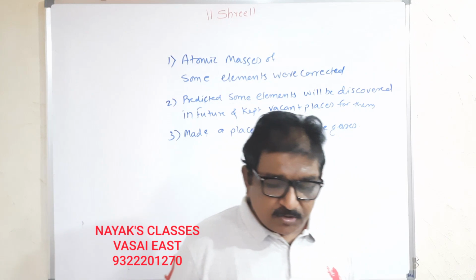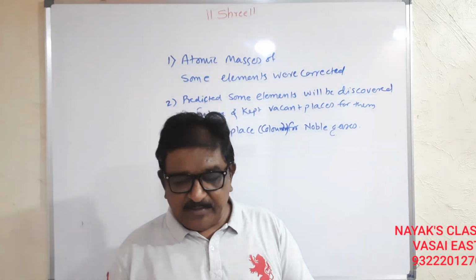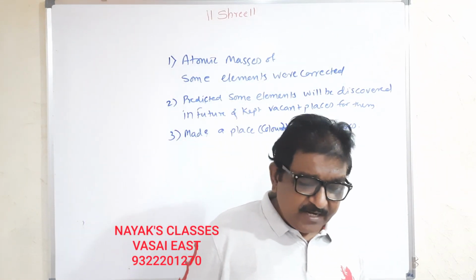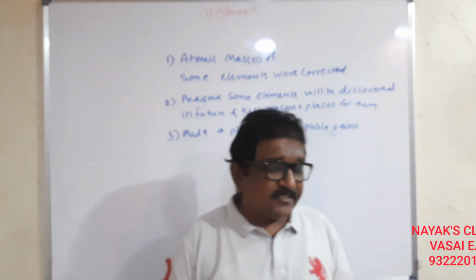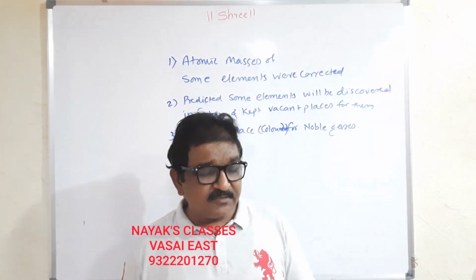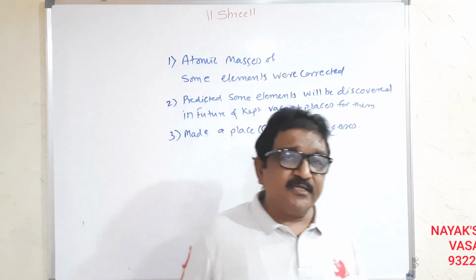This was the third merit of Mendeleev's periodic table. So Mendeleev made a great achievement. He took a great leap in science because of his predictions and his empty spaces.